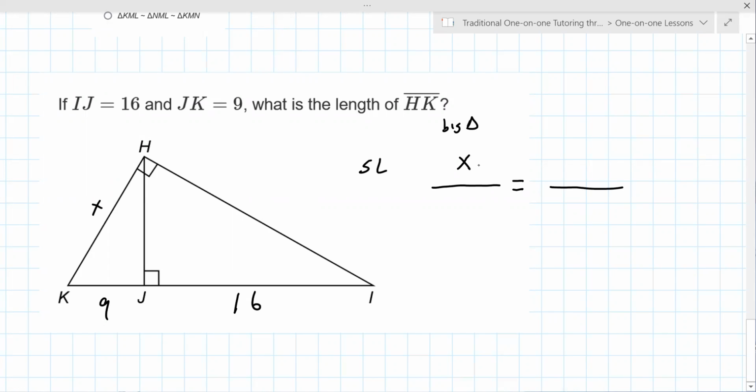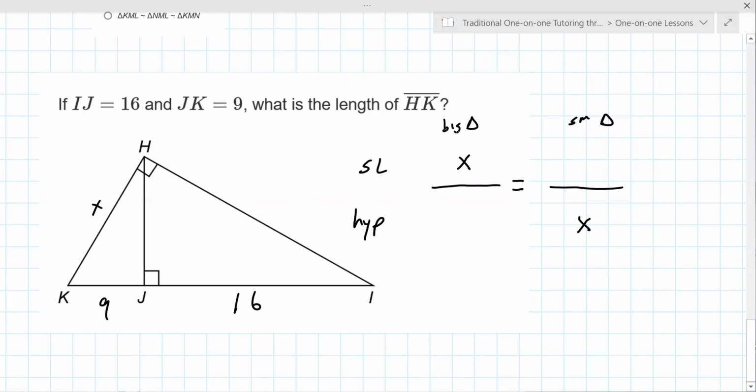This is the other leg over here. But what is it also? Well, it's also something in the small triangle, right? What is it in the small triangle? It is the hypotenuse. Okay. Do you see how I match these up?